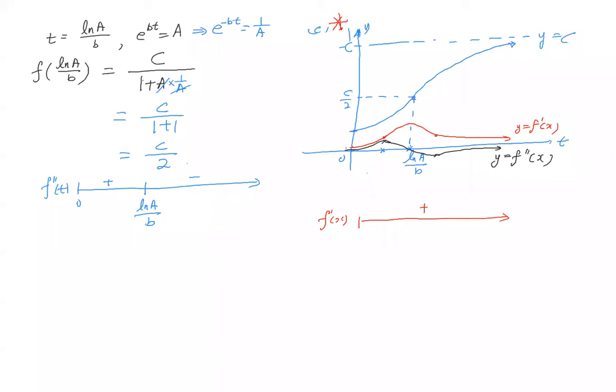So your f prime x sign diagram, your f x sign diagram, and your f double prime x sign diagram all together go like that. Convex, concave. Hello? Are you okay? So go back and study a bit more about this.